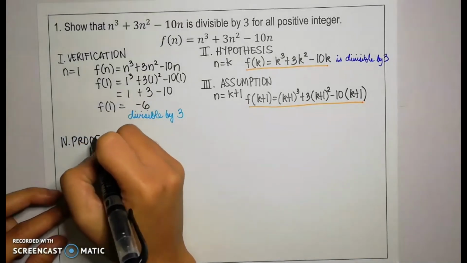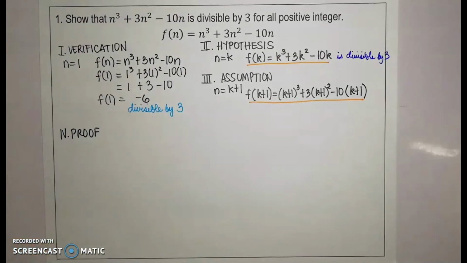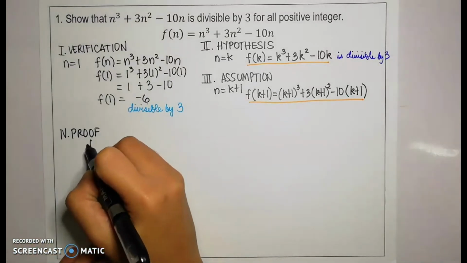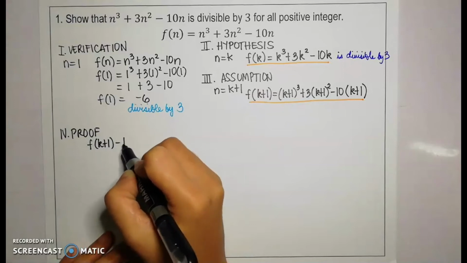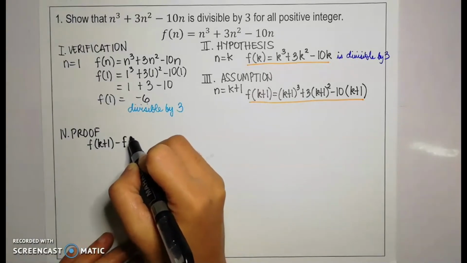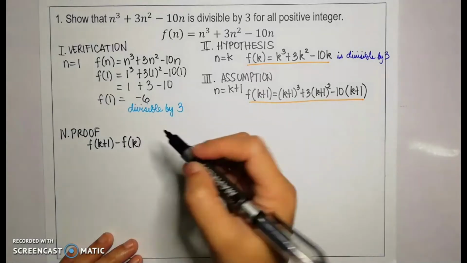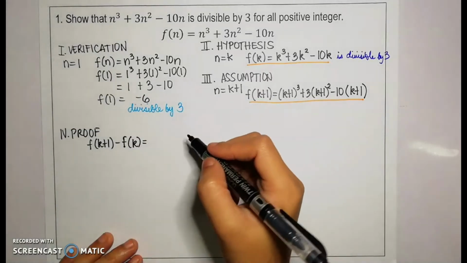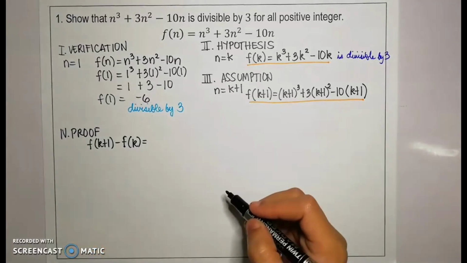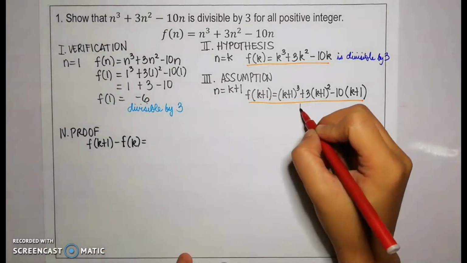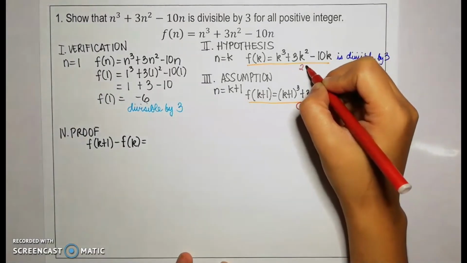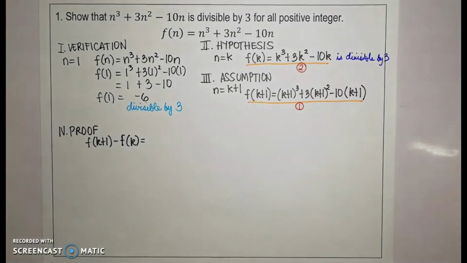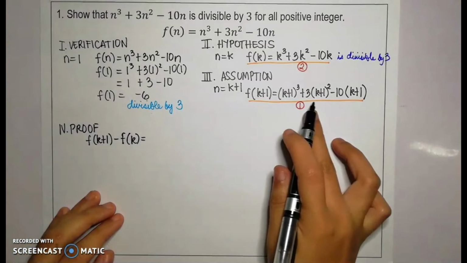We need to prove that this function is divisible by 3. Let's have the equation f of k plus 1 minus f of k. For this example, let us copy the values that we derived from the assumption minus the expression we derived from the hypothesis. So let's start.